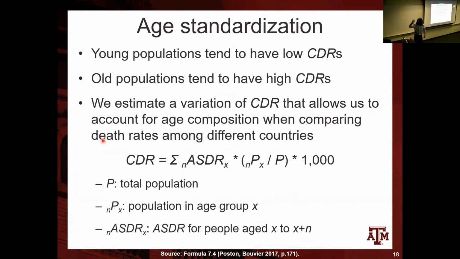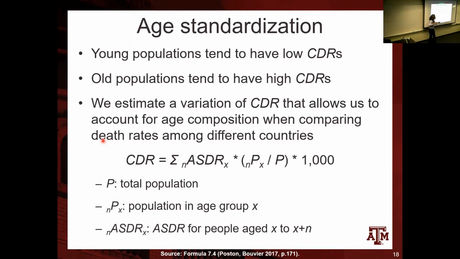So I get, for example, a country like the US and a country like Venezuela. And first, I estimate the age-specific death rates for each one of these countries, taking into account the death rates for different age groups. And then for one of the countries, I use the distribution of the population of the other country. So I can recalculate the crude death rate of Venezuela by using this data here from Venezuela and this data here from the US.